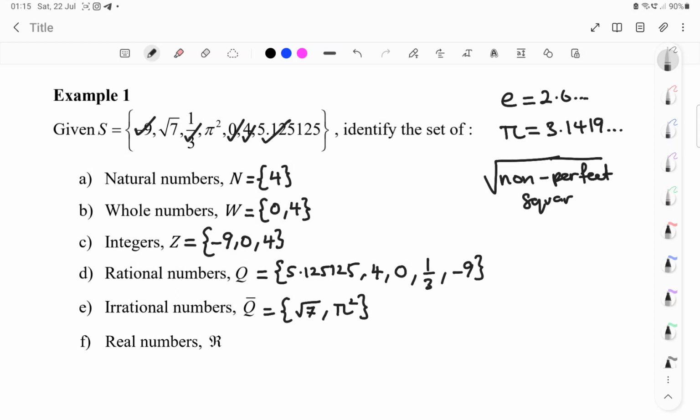Perfect square means that if you take counting numbers, use your calculator and square each natural number, the smallest one is 1, then 4, 9, 16, 25, 36, 49, 64, 81 and 100. These are the first 10 perfect squares.